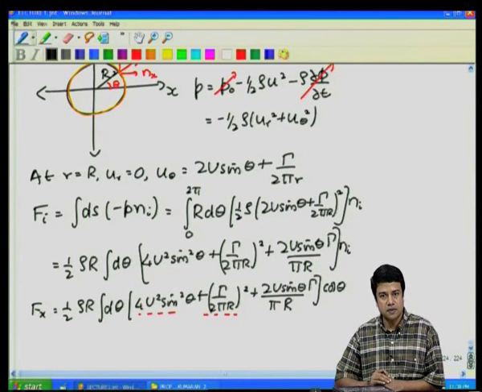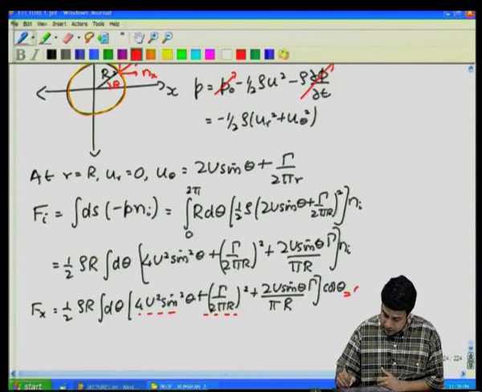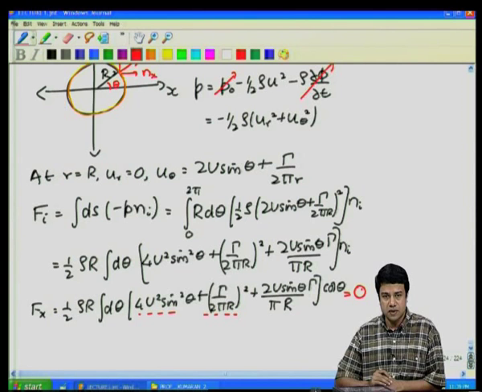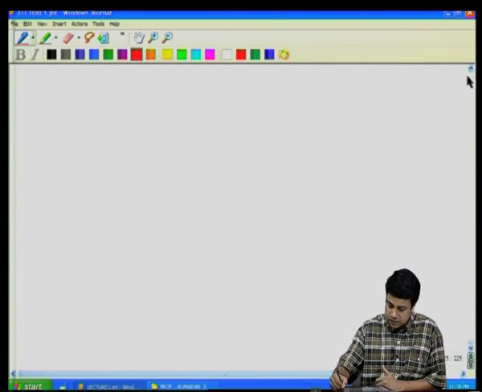The last term is of the form sin theta cos theta, which can be written as sin 2 theta, integrated over the surface, that is also equal to 0. So, this just shows you that the force in the x direction acting on the cylinder is identically equal to 0.